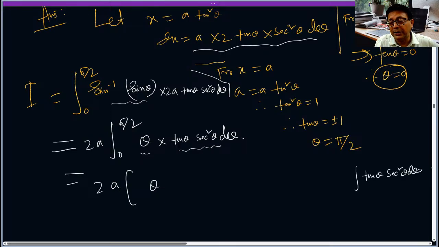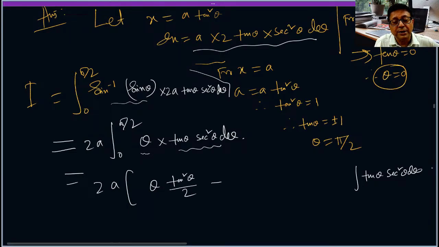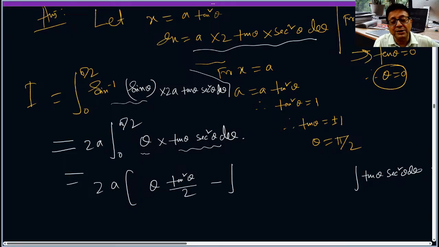You can do it mentally. Tan theta equal to z. So this is dz. z dz, z square by 2. Tan square theta by 2. Isn't it? Minus derivative of theta is what? 1 into tan square theta by 2 d theta. Clear? Here you put the limit.